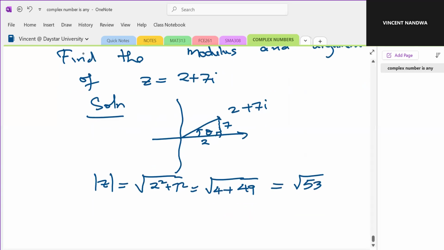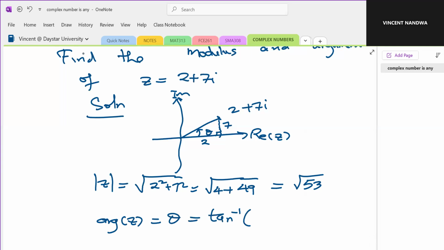Then this angle being in this first quadrant, it's very direct that argument of Z is the same as angle theta, which is tan inverse of Y, which is 7, over X, which is 2.